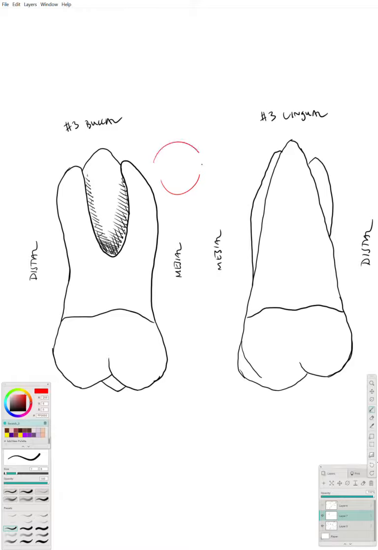That changes quite a bit in the molars because we have a lot more anatomy going on with the roots here. And so in between these roots, we have a depression.